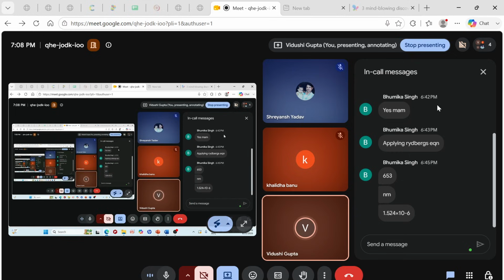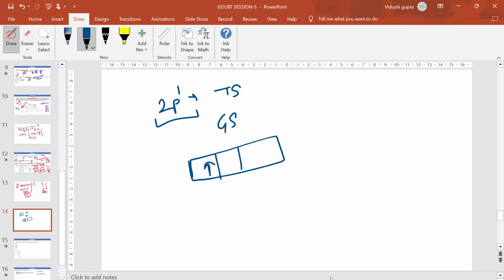Shreyansh Yadav, Khalida Banu, are you solving it? Term symbol for 2p1.